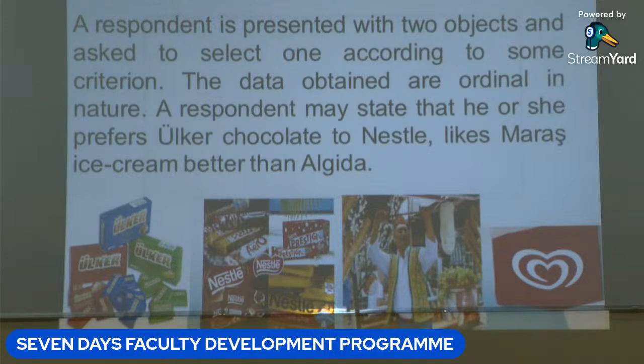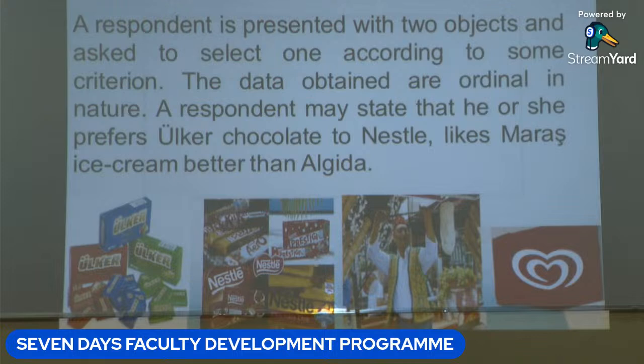Those opinions are then located on a predetermined scale. So here, for example, we have 2 objects and ask the respondent to select one among them based on some predetermined criterion, and the data obtained are ordinal in nature. The respondent may state that he or she prefers Alcaire chocolate to Nestle, or likes Maras ice cream better than Algida.